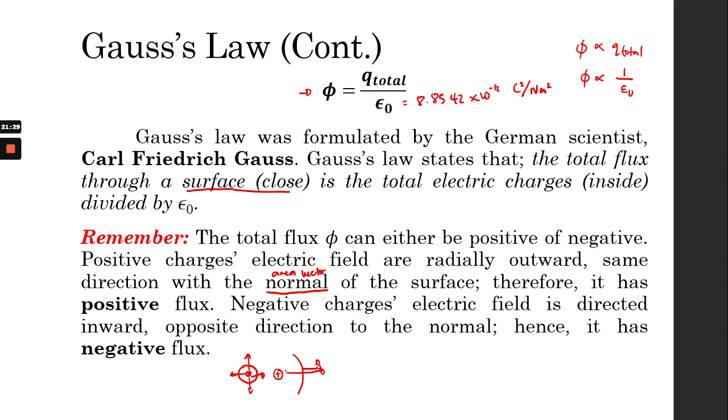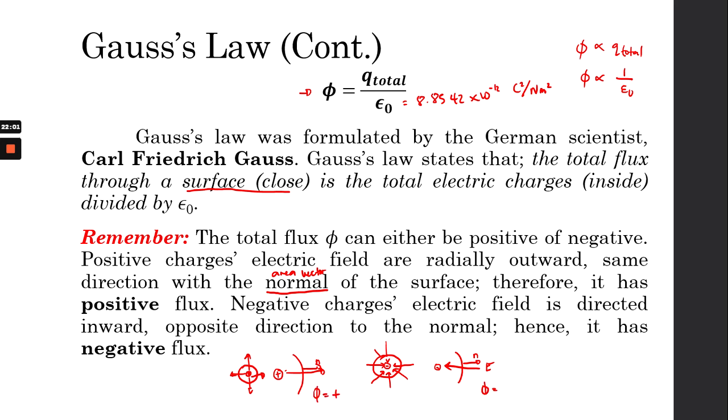But if I have a sphere with a negative charge inside, I know that my electric field is directly inward, because the direction of the electric field for a negatively charged particle is always radially inward. So what happens is, if I have a negative charge, the electric flux is going this way, but the normal is going this way, and they are in the opposite direction.